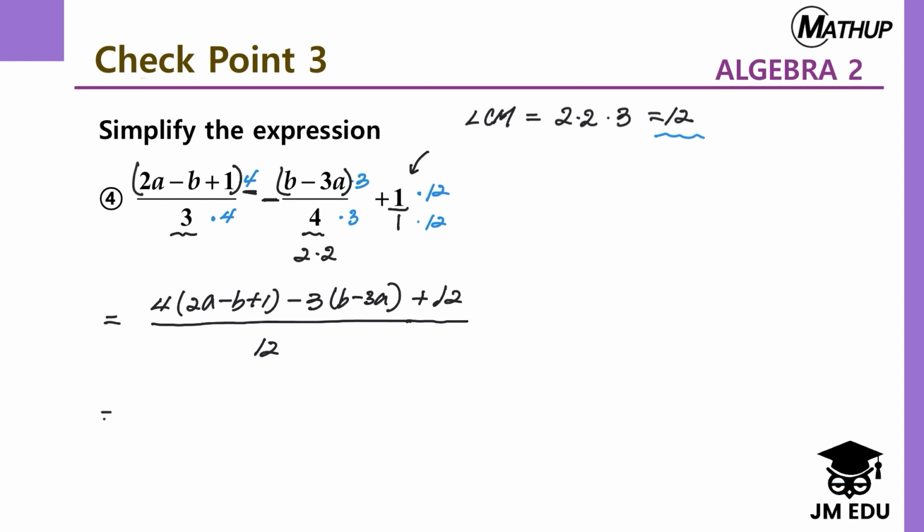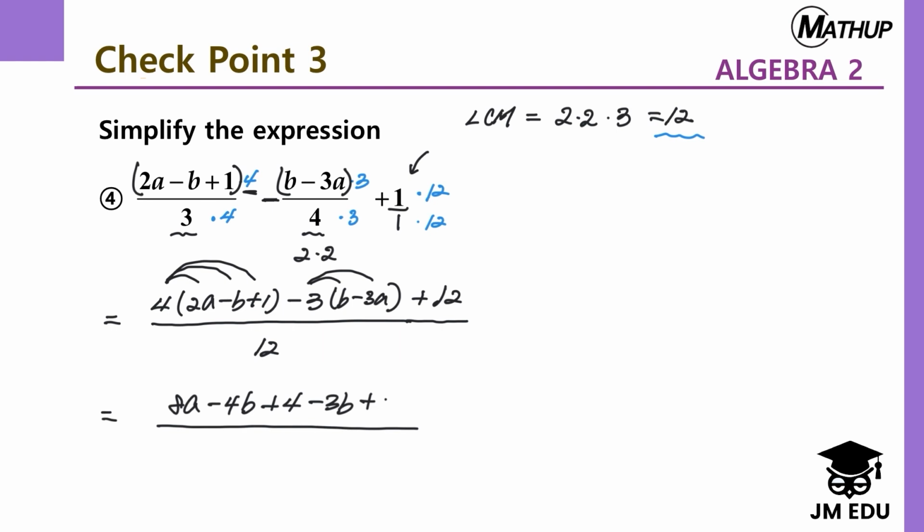So that is equal to, okay, numerator 4 times 2a, 8a. 4 times minus b, minus 4b. 4 times 1, that's plus 4, minus 3b, plus 9a, right? Negative 3 times negative 3, plus 9a, plus 12 over 12.